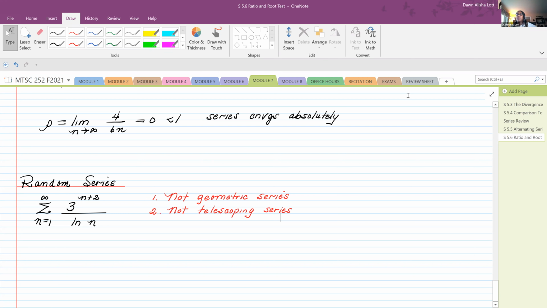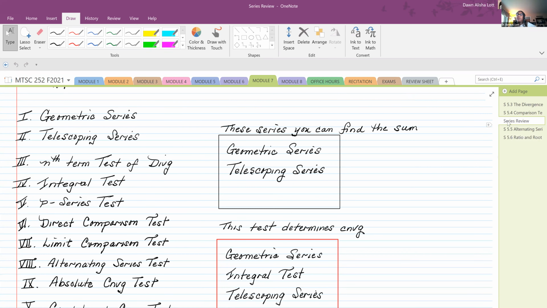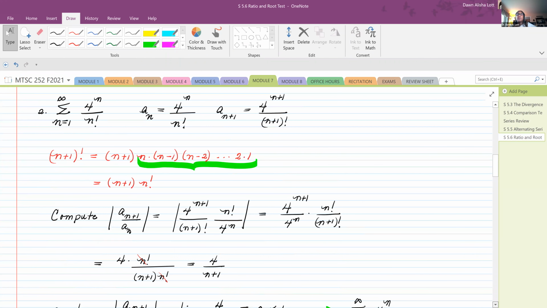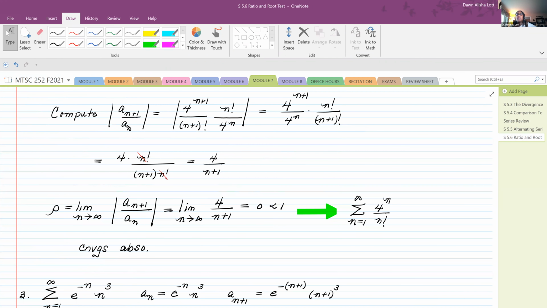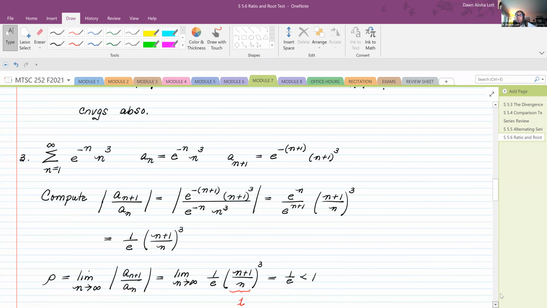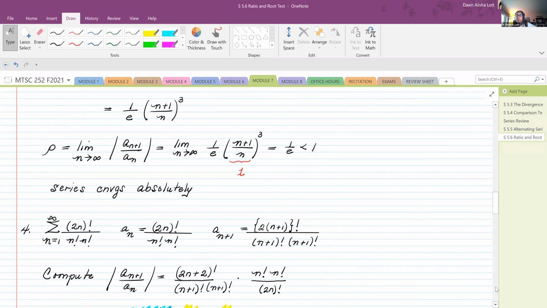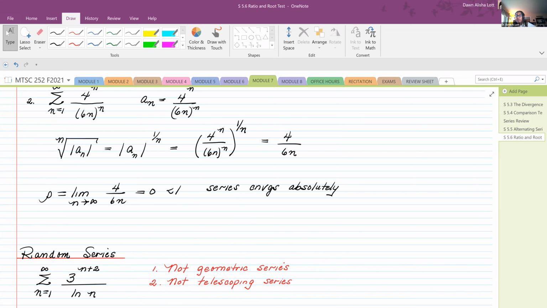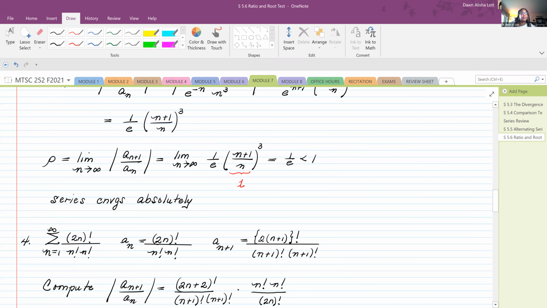I feel like I did the integral test next. Nope, I did do the nth term test of divergence. I was right. Okay, we could try the nth term test of divergence. So let's look at the nth term test of divergence.